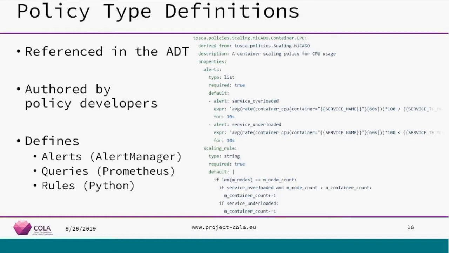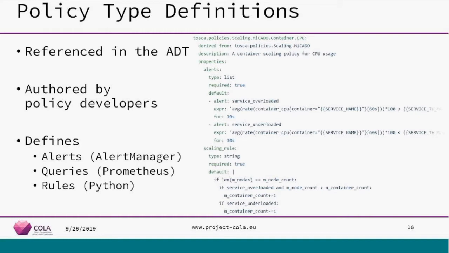So these policy type definitions are generally referenced in the ADT, just as we saw. They're authored by application developers or even policy developers, individuals who really understand the kind of alerting and querying magic that exists behind Prometheus. So you can see here, if you're familiar with Alert Manager, which is a Prometheus tool, we're just generating some alerts based on Prometheus queries.